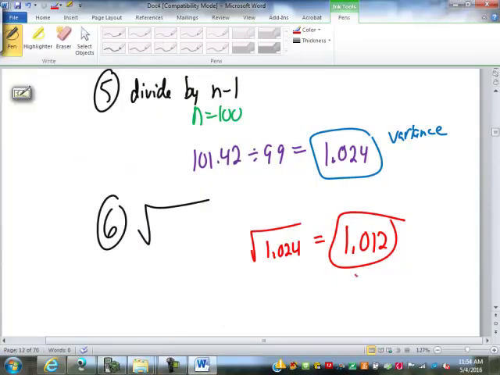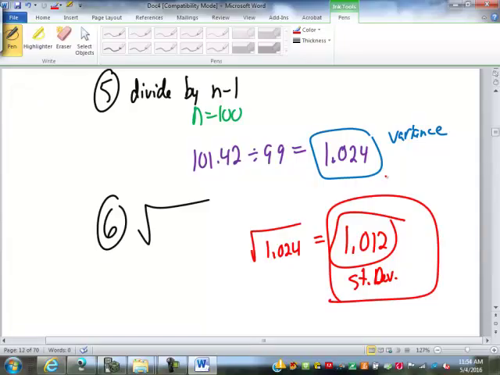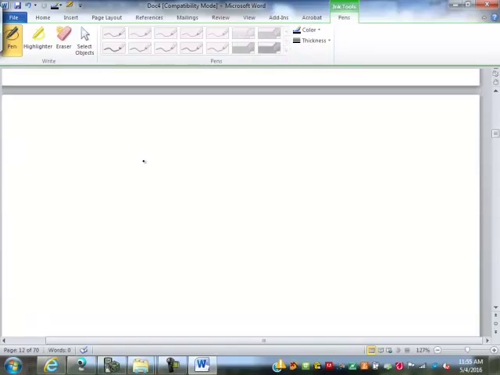So that is my standard deviation. What that's saying is, on average, each of the values in this list are just over 1 away from the mean. So that is the mean and standard deviation found from a frequency table.